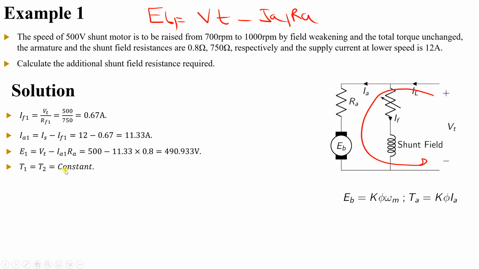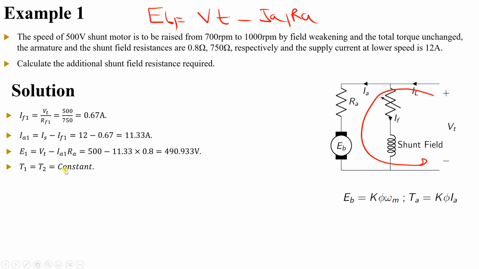So IA2 from this equation equals 7.6 over IF2. Again, the second back EMF will be terminal voltage 500 minus I armature 2 RA, where I armature 2 I already obtained as a relation, 7.6 over IF2. So we obtained the second EMF as a function of the field current. Now we know that the ratio E1 over E2, as I just explained, equals IF1 over IF2 times N1 over N2.